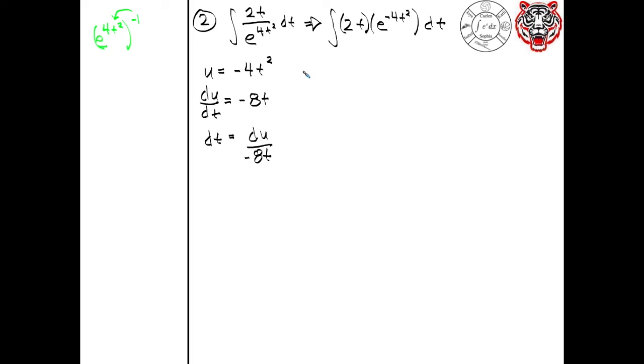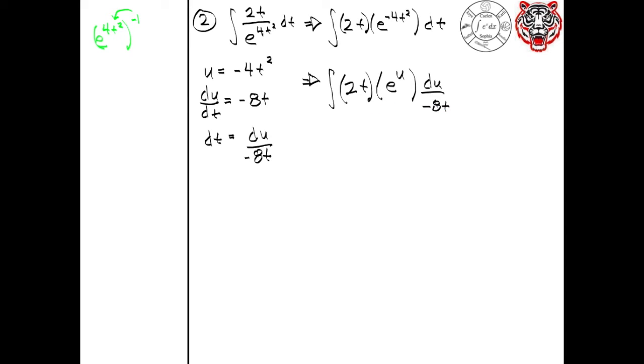So from here, that is going to change our equation. This equation now becomes the integral, and I'm going to write my negative 8t underneath my 2t. I know that eventually it's going to cancel out with this term. So it's going to be e to the power of u, and my dt is going to be du over negative 8t.